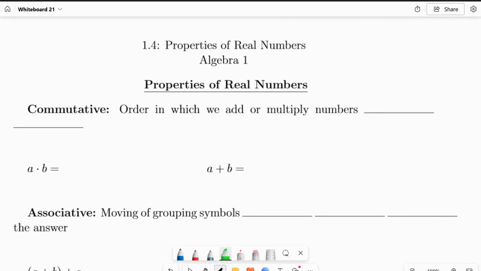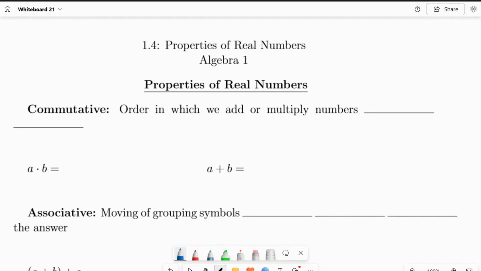Okay, so in 1.4 here, the main topic is we're looking at the properties of real numbers. So the properties of real numbers are really the different rules that apply to the operations when working with real numbers. So the first one we have here is the commutative property. The commutative property is the order in which we add or multiply numbers. And really, the order doesn't matter.